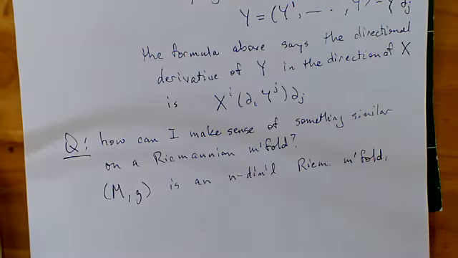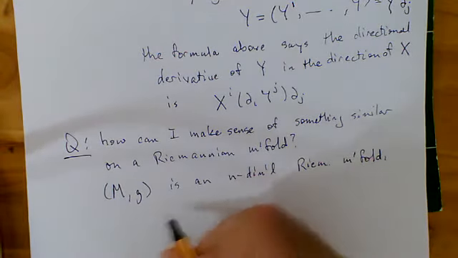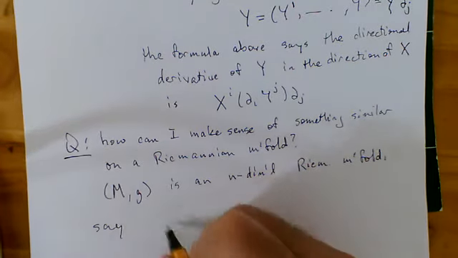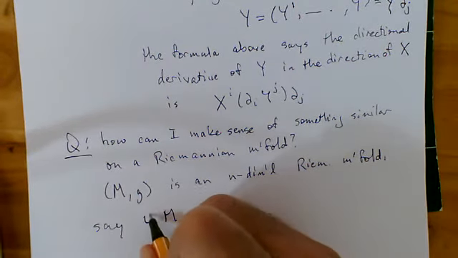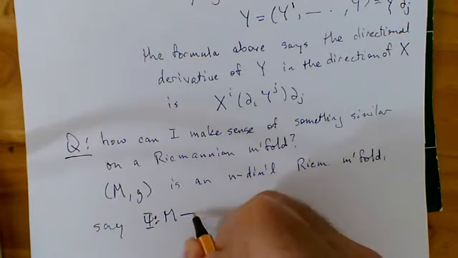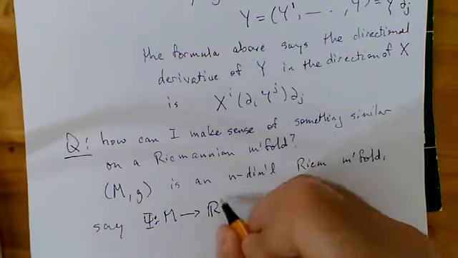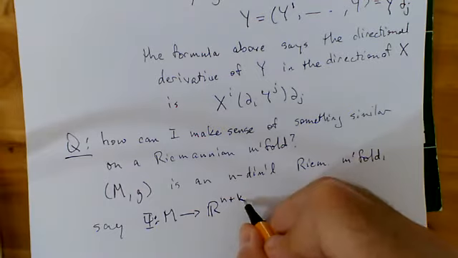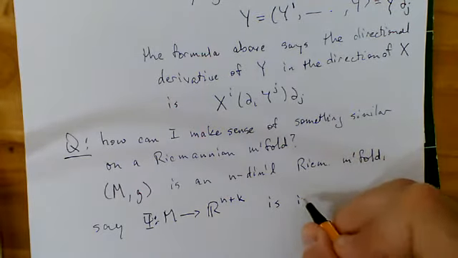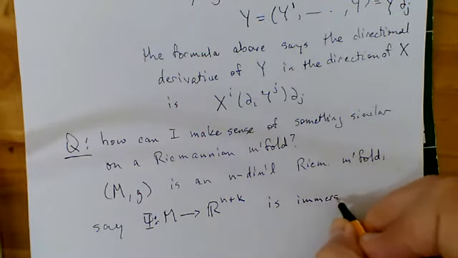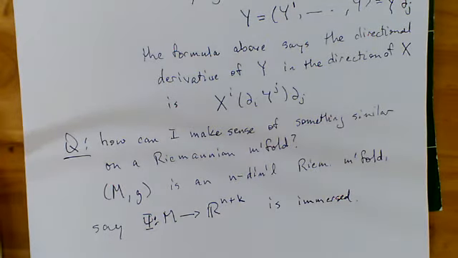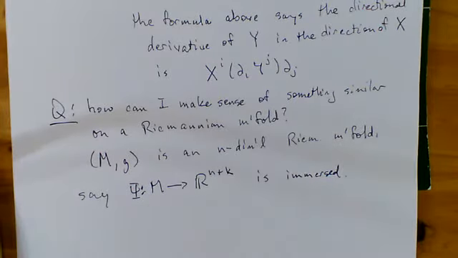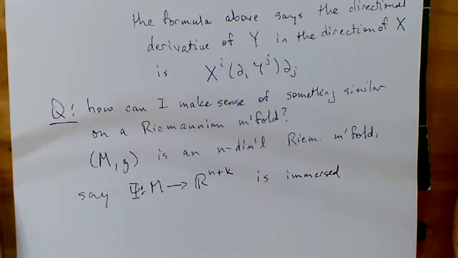And let's just say that our manifold M happens to be immersed in a higher dimensional Euclidean space. This is a little bit of a simplification. It looks like a cop-out.